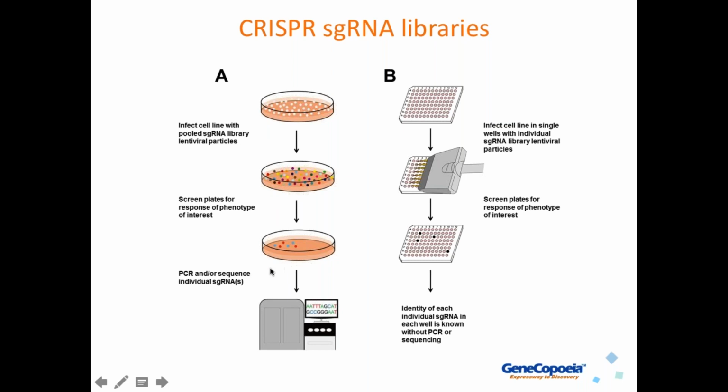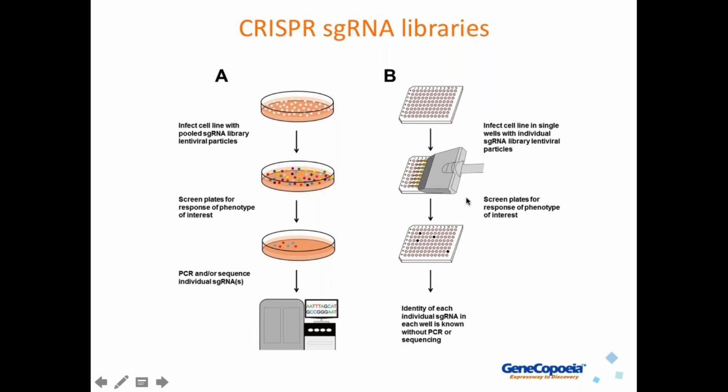And then you can do PCR or sequence individual guide RNAs, or you can do next generation sequencing on a bulk population to look for either an enrichment or a depletion of particular single guide RNAs. These are done in bulk. That's also known as a dropout screen.